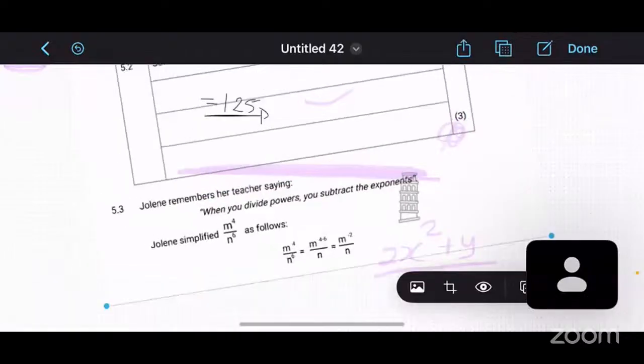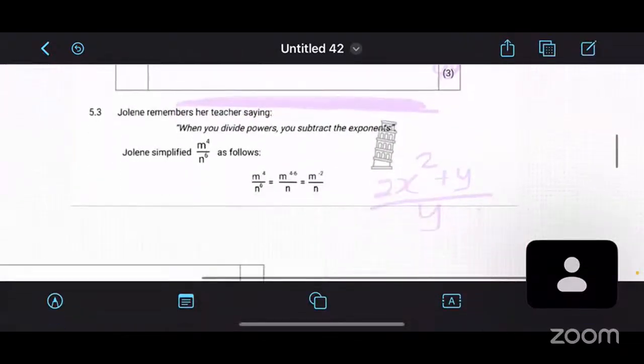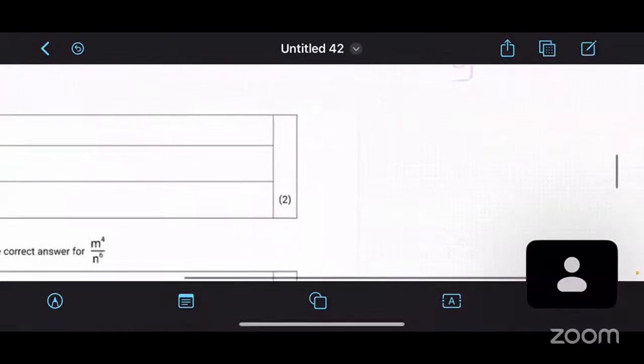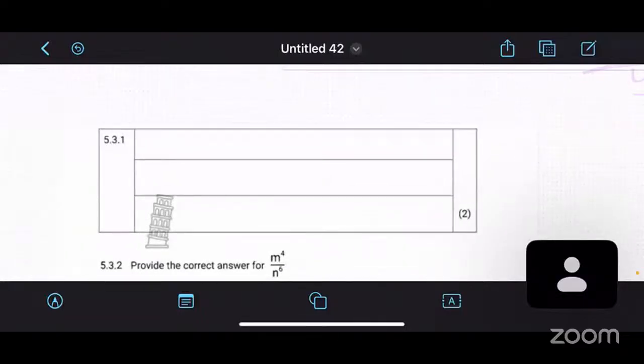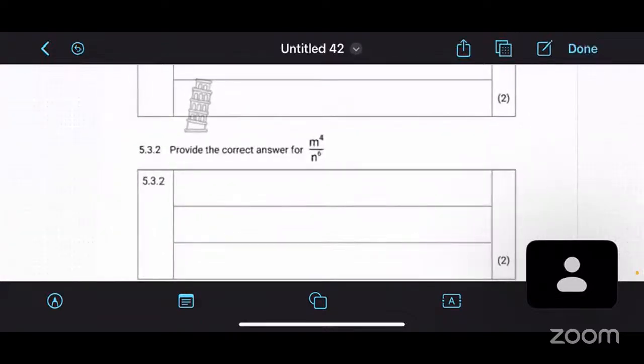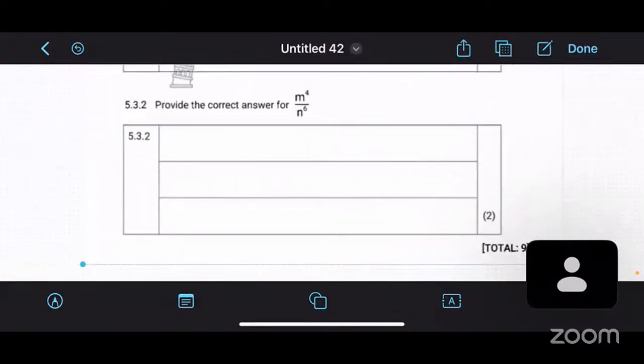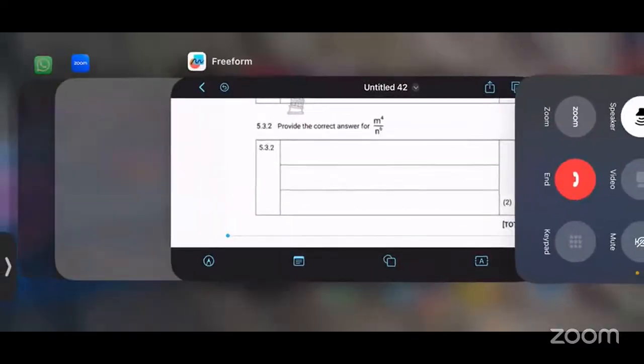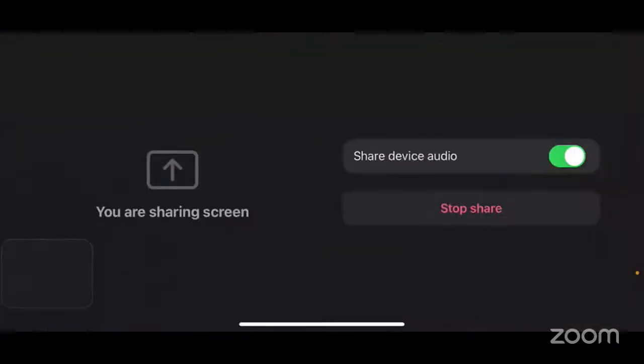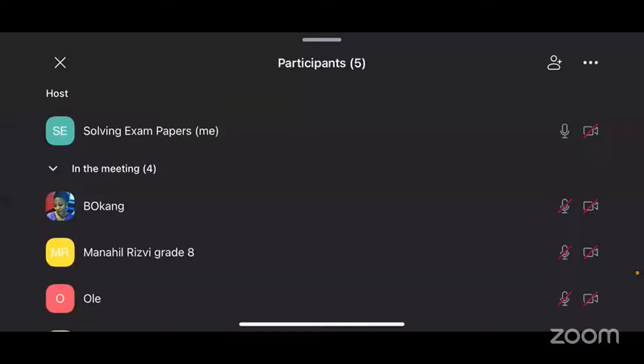Hey, what's happening here? Okay. Now you've just given the answer for this one. When we divide the same base, we subtract the exponents, right? So this is already answered. And then they say provide the correct answer for m to the power of 4 divided by n to the power of 6. Let's see.